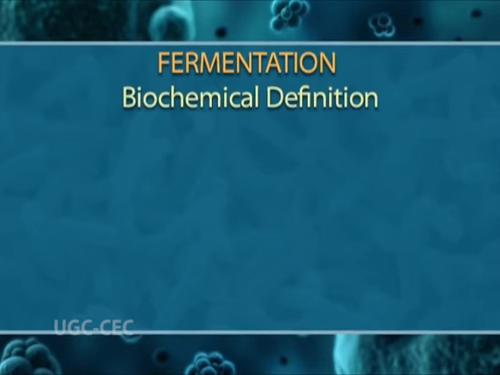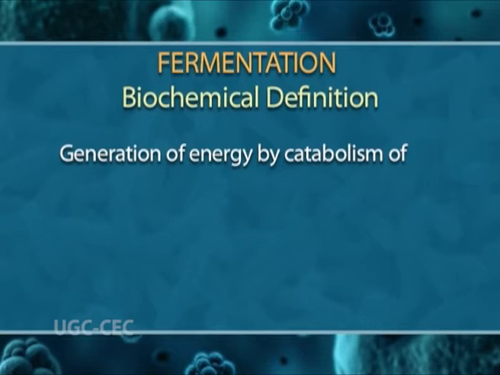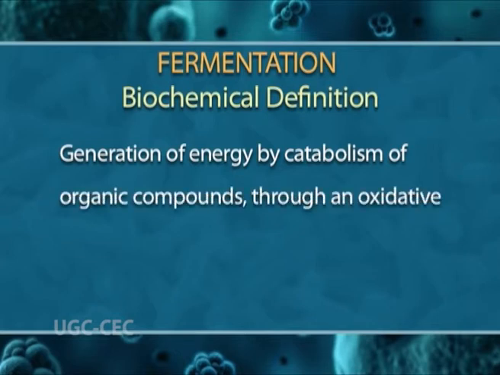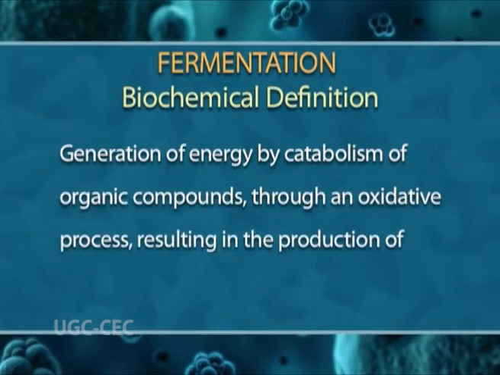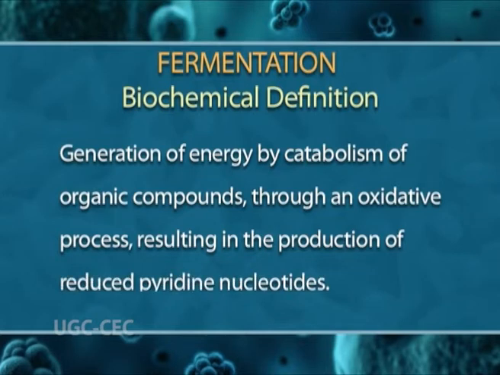In biochemistry, fermentation is related to the generation of energy by the catabolism of organic compounds. The catabolism of sugar is an oxidative process which results in the production of reduced pyridine nucleotides. These must be reoxidized for the process to continue.